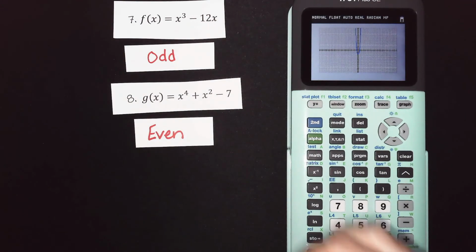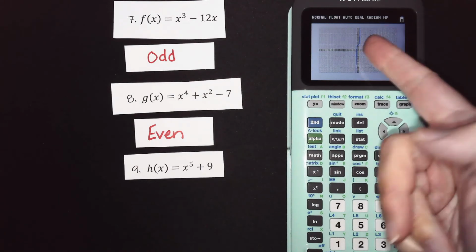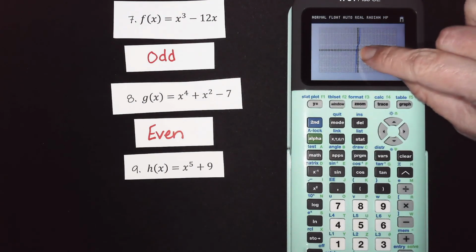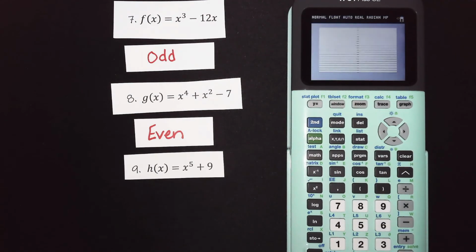Now let's look at number 9 in the notes. Type it in your calculator and graph it. Okay, now it's not even. I can't reflect it over that y-axis. It's not symmetric. If I were to spin it at the origin, which, let me zoom in here so you can see it a little better.